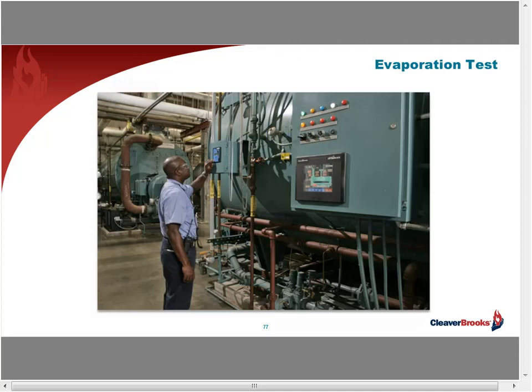And one of the most important safety tests is what we refer to as the evaporation test, making sure both the primary and the auxiliary low water cutoffs are properly functioning. Now, to do this, you need to secure the boiler feed line, shut it off, and allow the boiler to naturally evaporate, steam off, without any makeup.